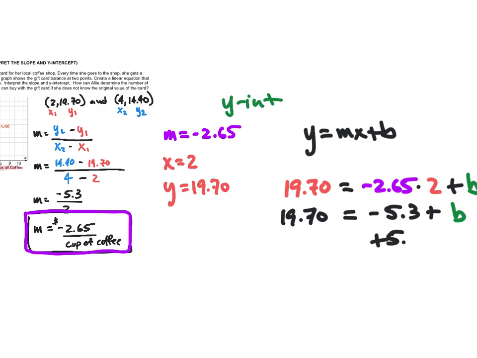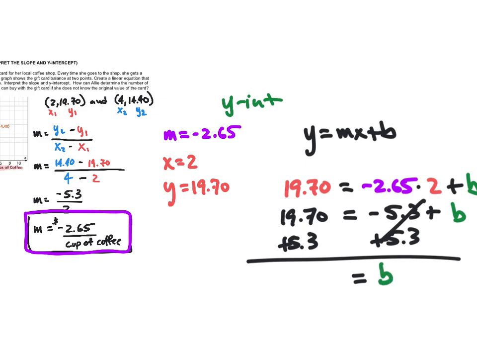Then I'm going to solve this equation for b by adding 5.3, and you get that b is equal to 25. That's the value of the gift card.